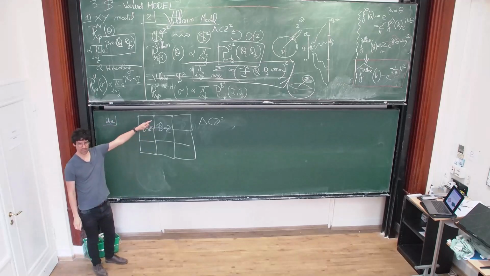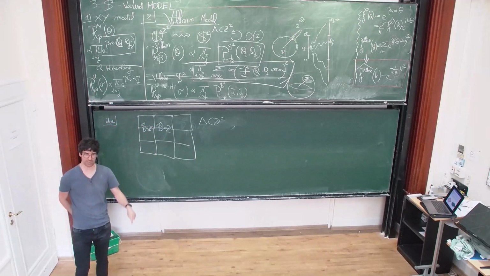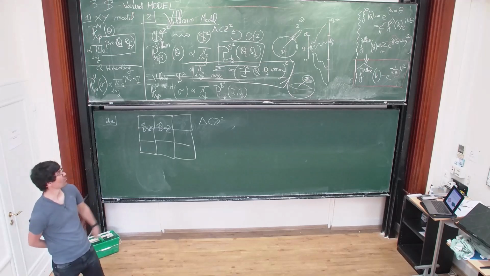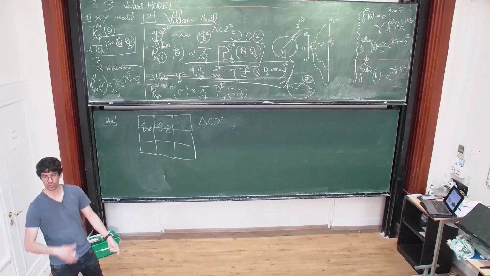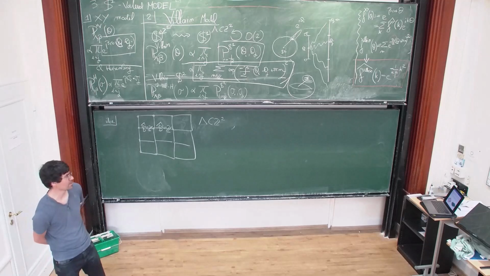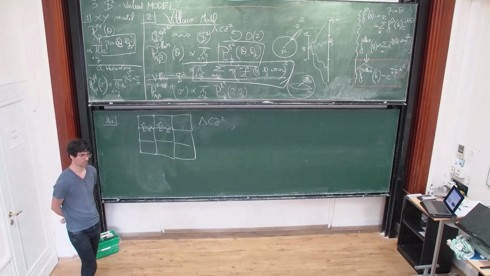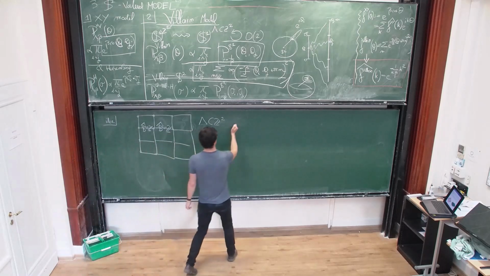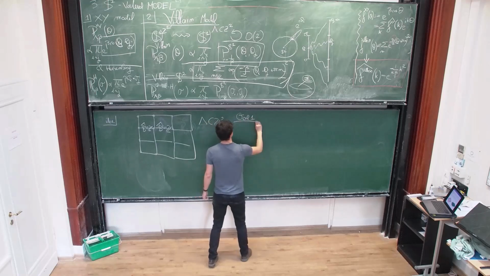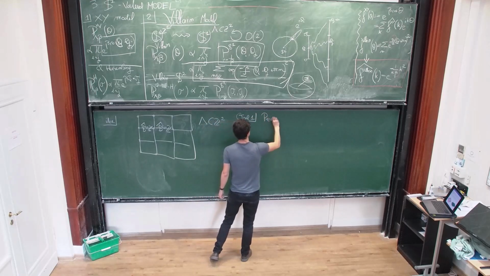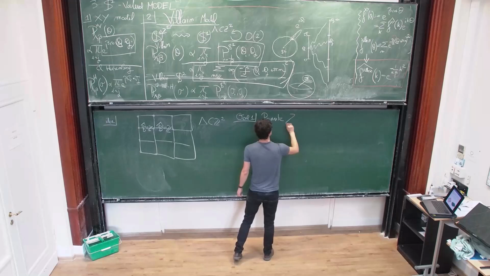And as a first step, I will rewrite the partition function of the Villain model, of this second model on this top blackboard, in terms of a dual model, which we will see will be the Z-valued GFF. So, goal 1, rewrite the partition function.